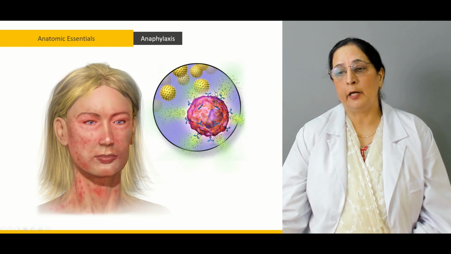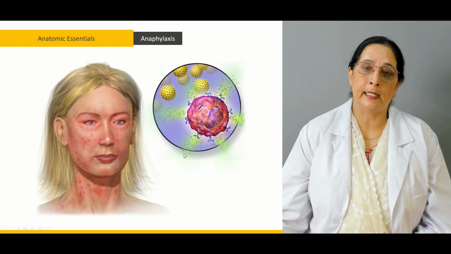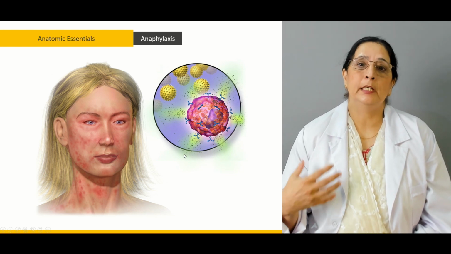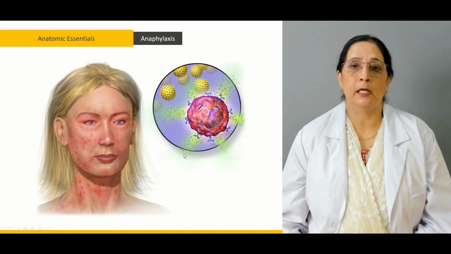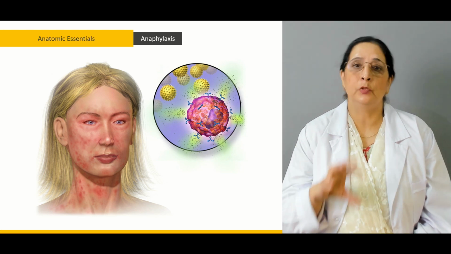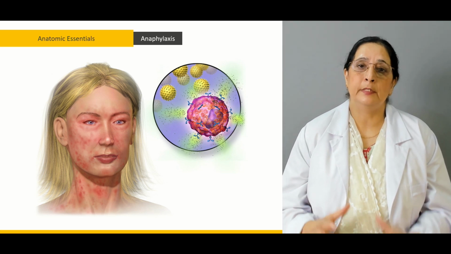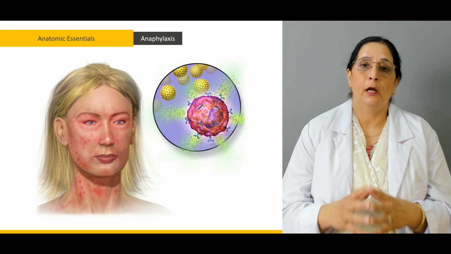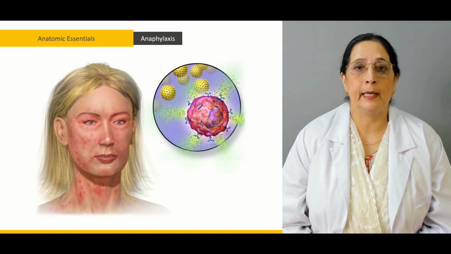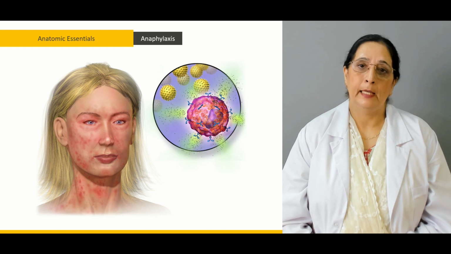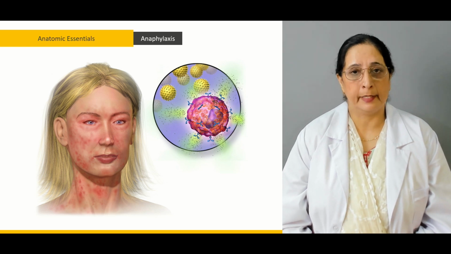And in this diagram you can see the antigens. They are attacking the cells and initiating the production of antibodies which attach to the surface, and subsequent exposure to the same antigens initiates the anaphylactic reaction.